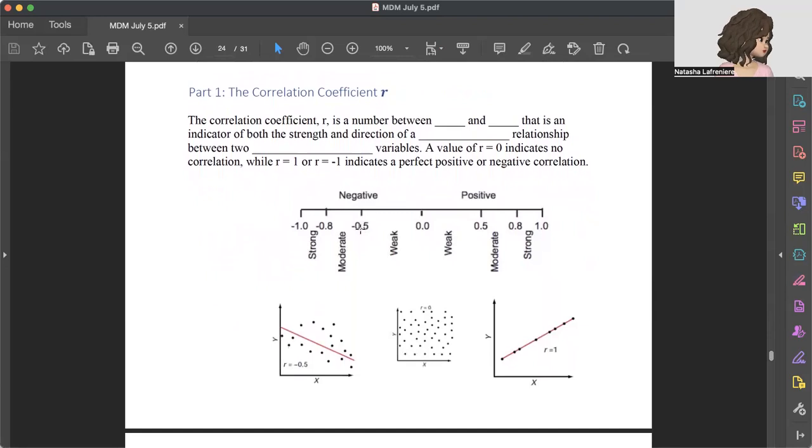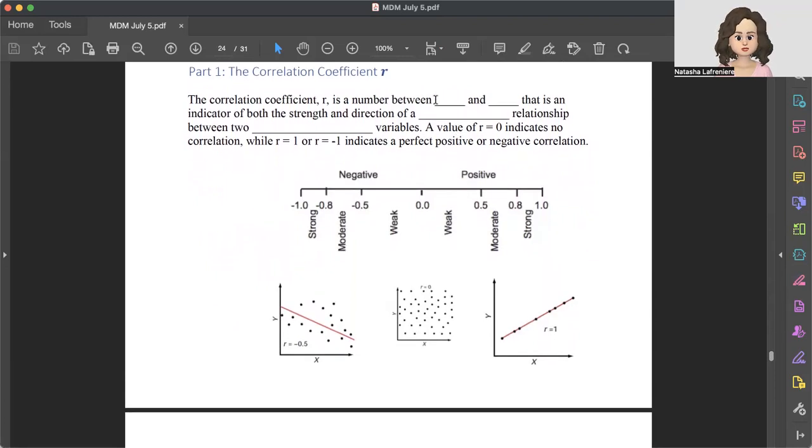So to start off, we've got the correlation coefficient R. The number R is a number between -1 and 1, that is an indicator of both the strength and the direction of a linear relationship between two quantitative variables.